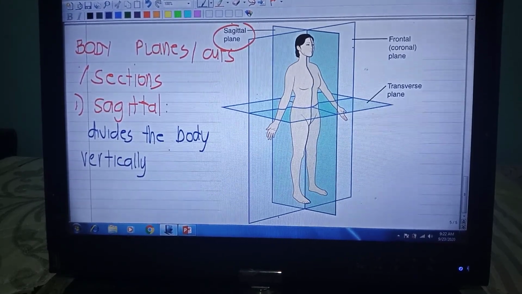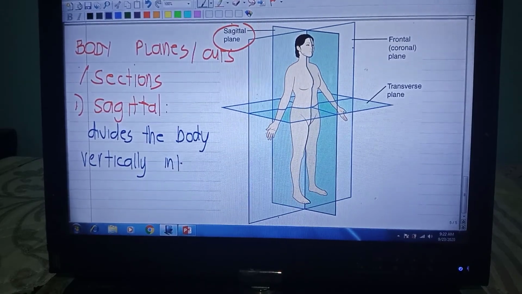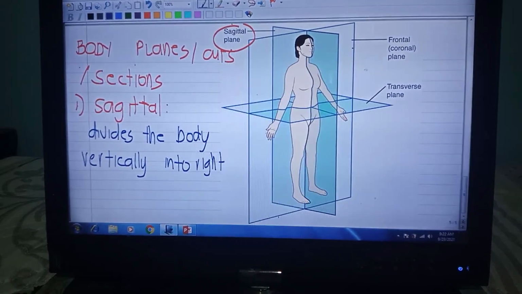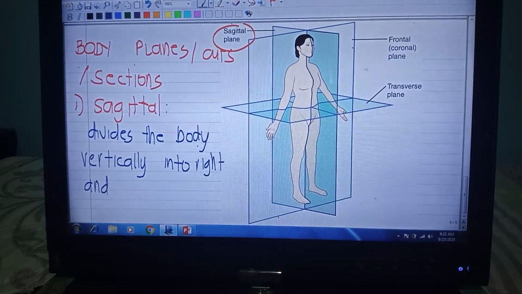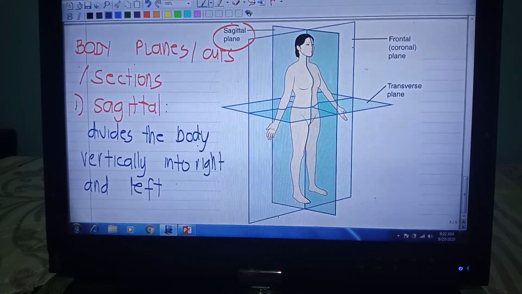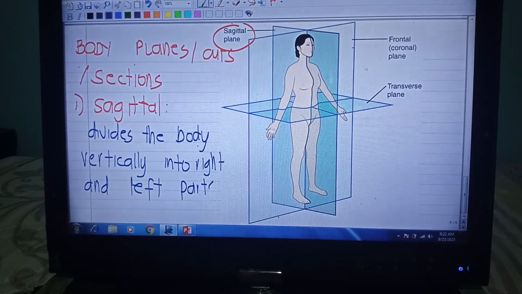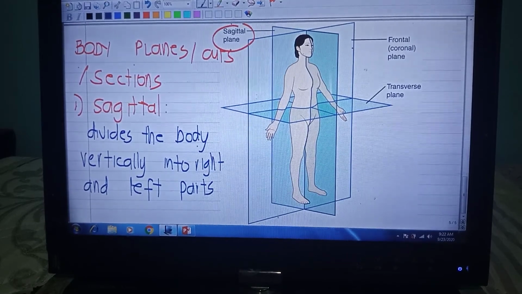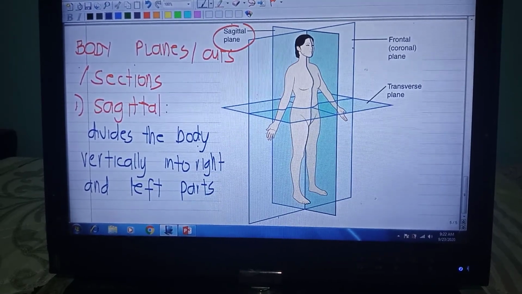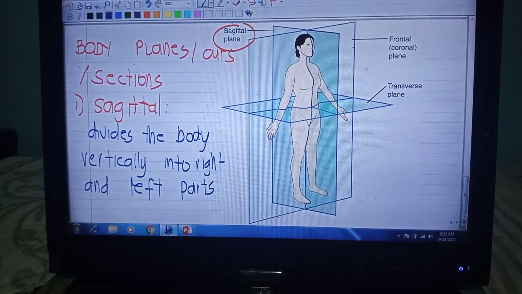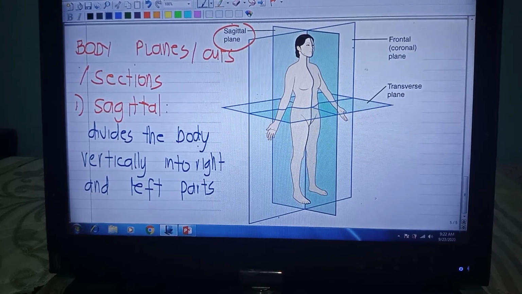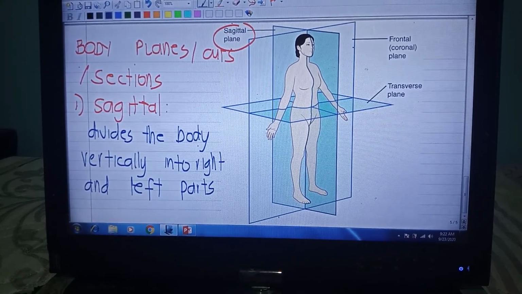Divides the body vertically into right and left parts. So, it produces a sagittal section. So, ang sagittal, it is a lengthwise cut that divides the body into left and right portion.